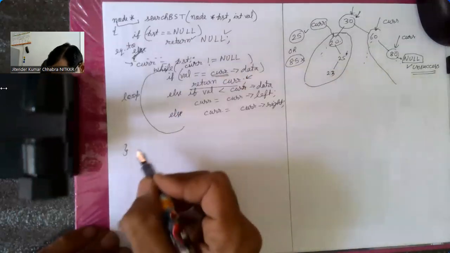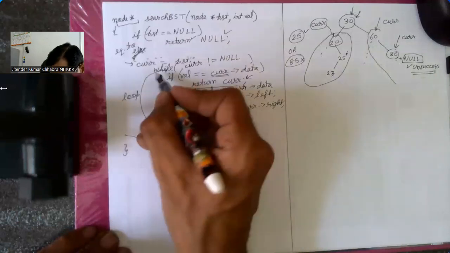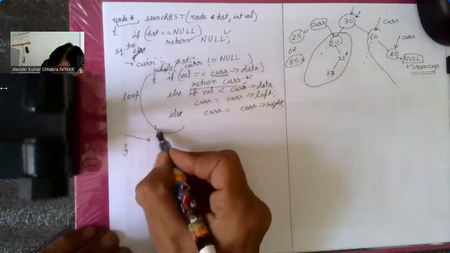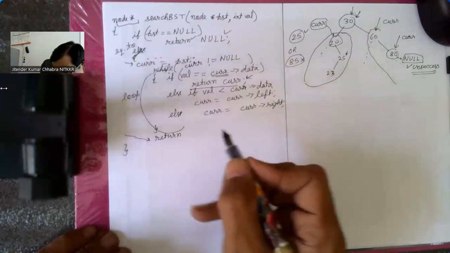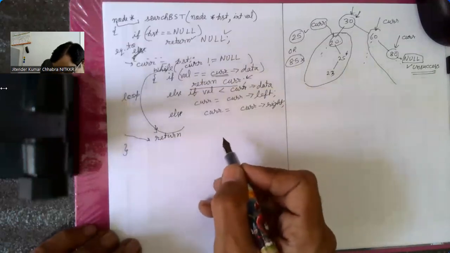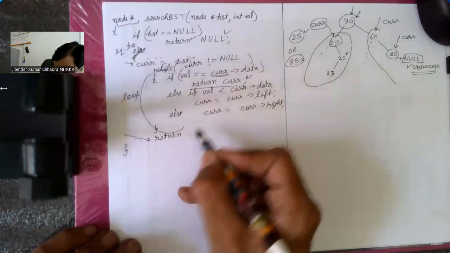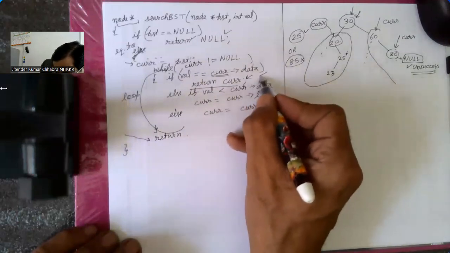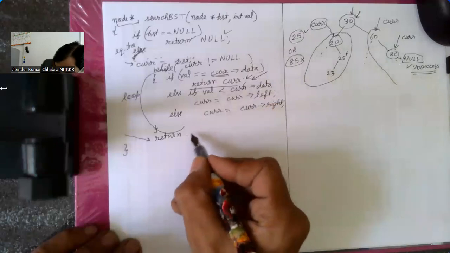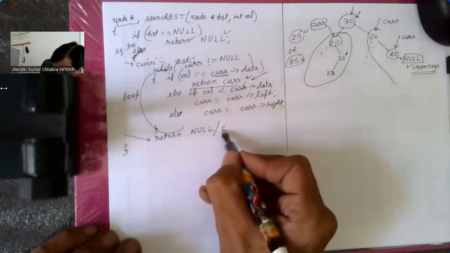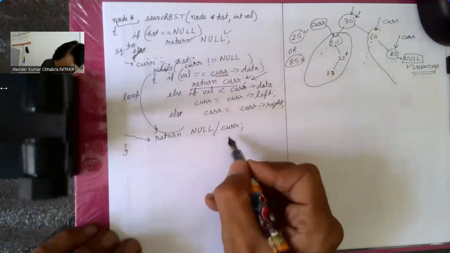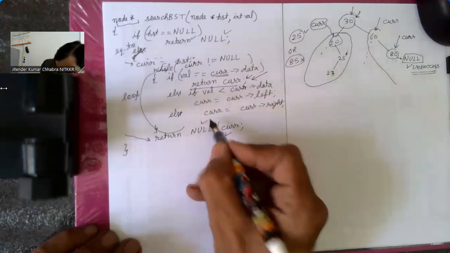Almost over. Don't forget to have a return statement, because once your function is over, a return statement is a must. So what should I return now? Unsuccessful only I will write. For successful cases, this return statement will work. So coming here means return null, or you can also write return current, because current is also null. So both are okay.